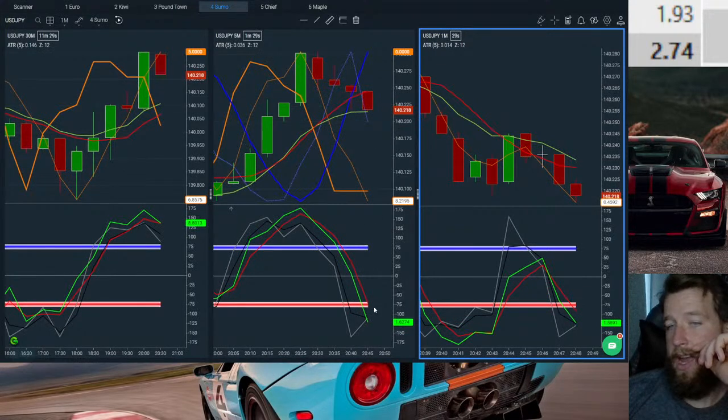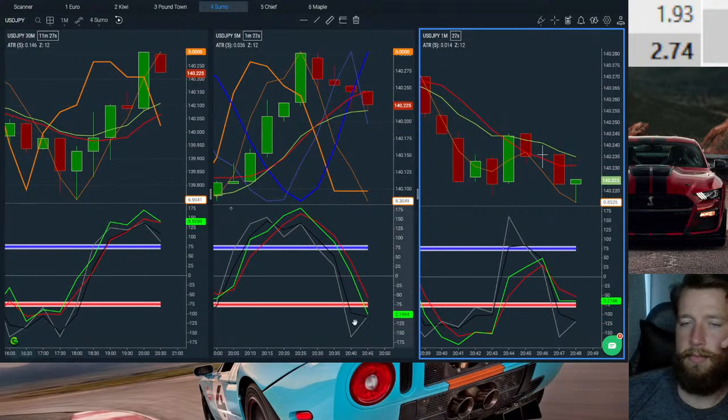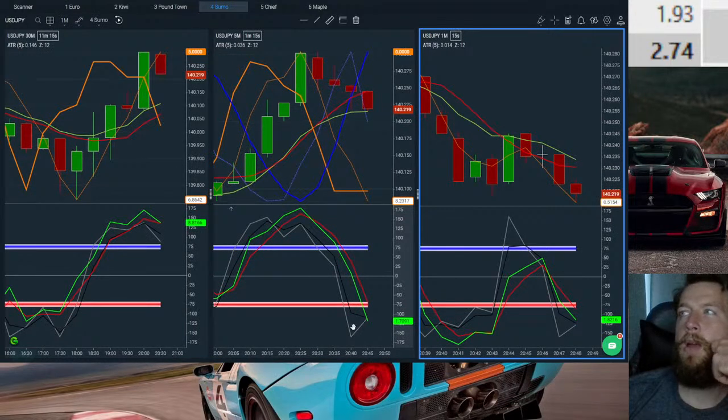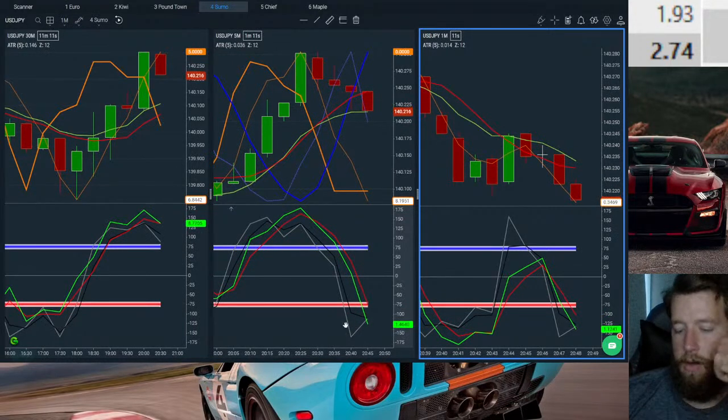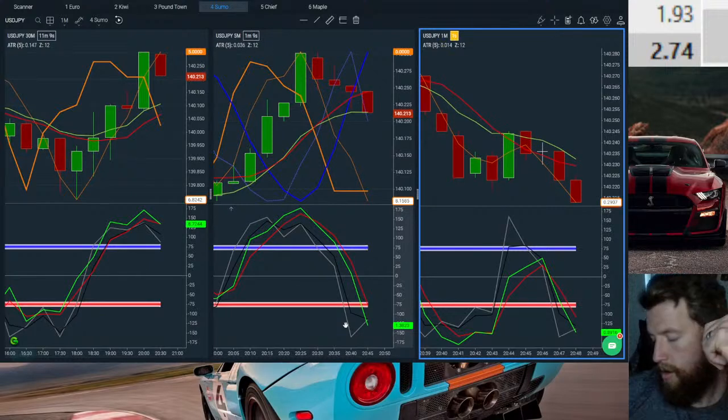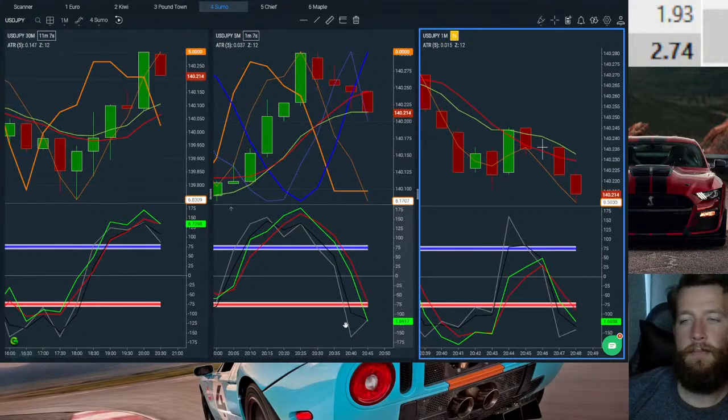We actually have a Hydra forming here too. Ah, man, this is tempting just to hop in.